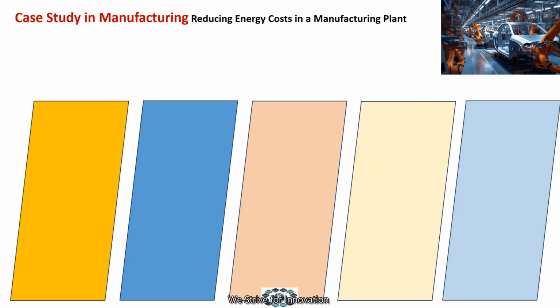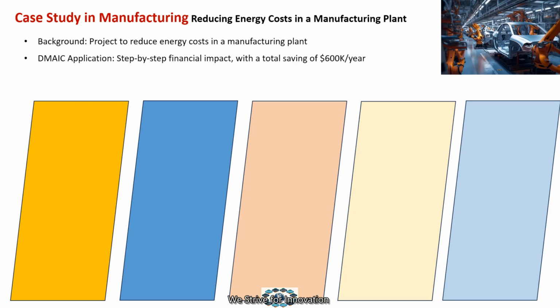The project not only achieves its financial goal, but also sets a standard for future operational improvement. The objective here is to reduce energy consumption in a manufacturing plant to save 600,000 annually. First, we'll go to the define phase. Okay, in the define phase, what will we do?